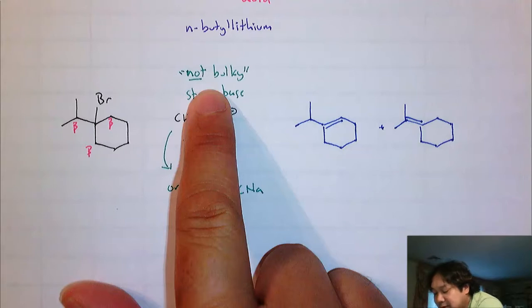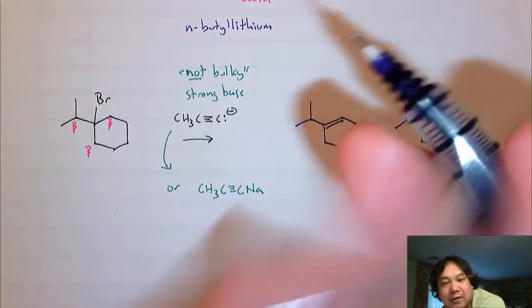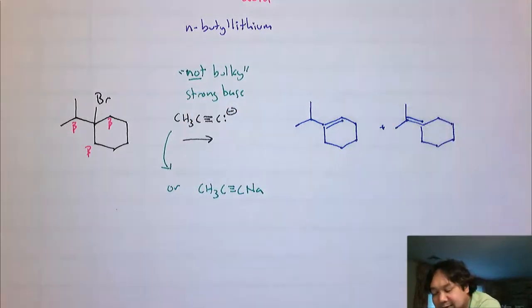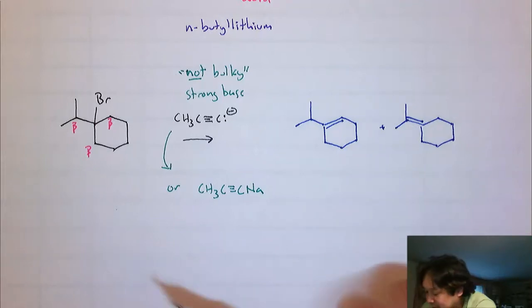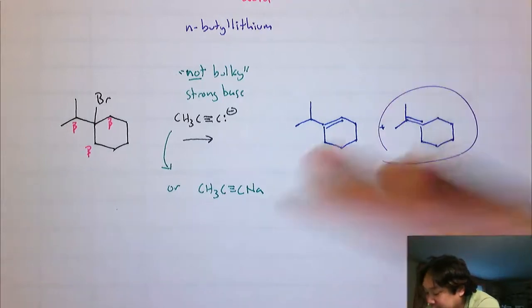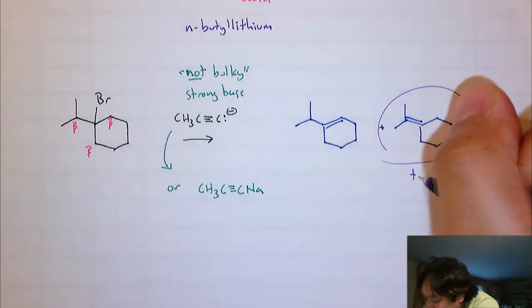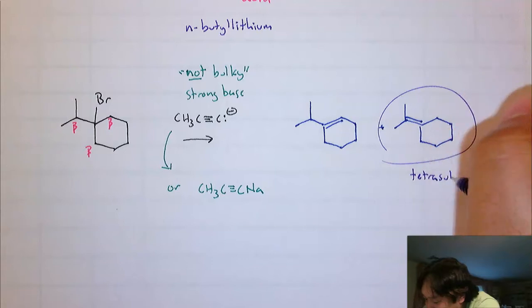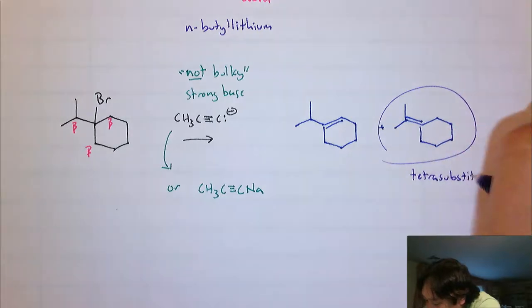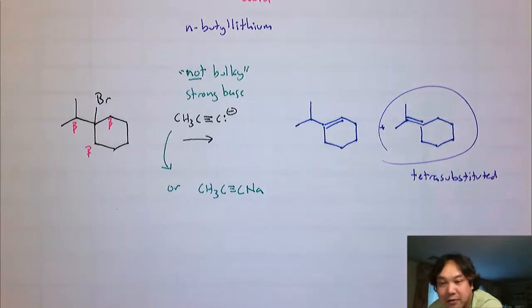It's not a bulky base, so we're just going with our normal Zaitsev rule. Zaitsev said the more stable alkene is the major product. Both of them are pretty stable actually, but this one is more because it's tetra-substituted. Do you know how I count?